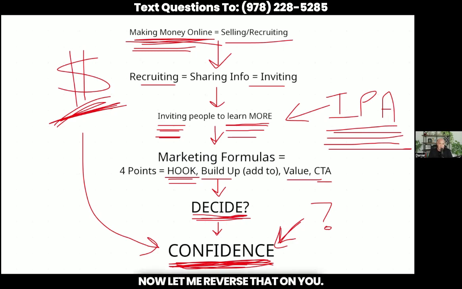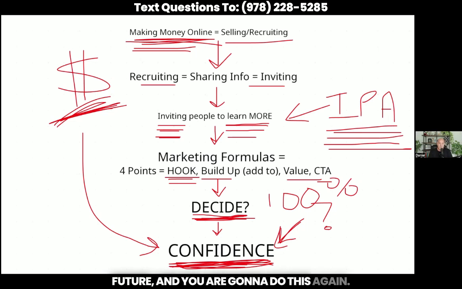Now, let me reverse that on you. And I can promise you this from experience and everything that I've learned and seen over the years of doing this, when you do have the confidence and you do make that ultimate 100% decision that you are going to do this, you are going to figure this stuff out, you decided that you are going to make a difference for you, your family, your future, and you are going to do this, again, none of this other stuff matters, because you will figure it out.